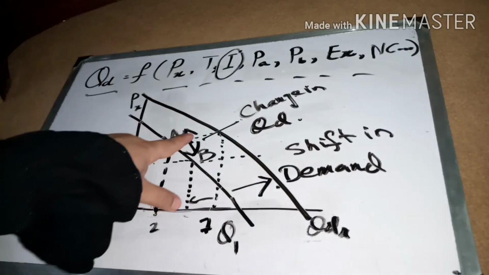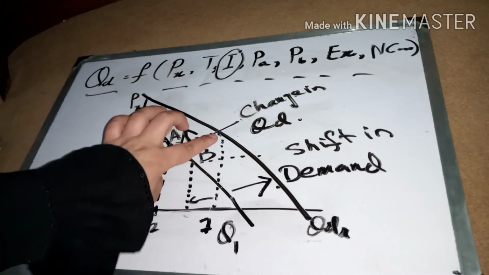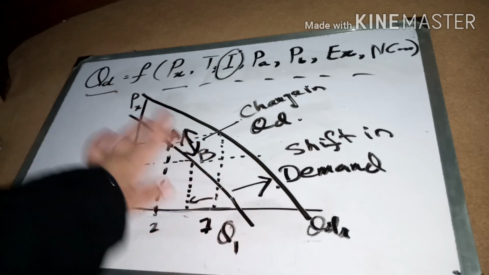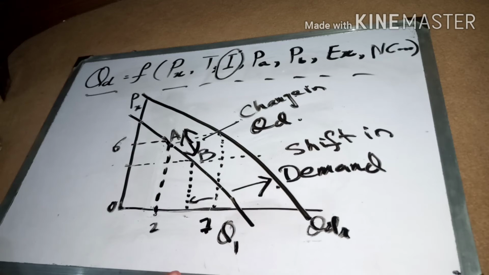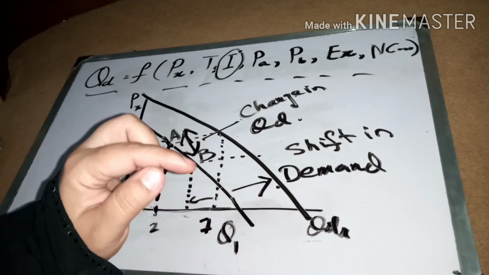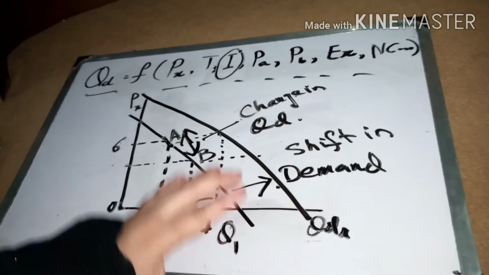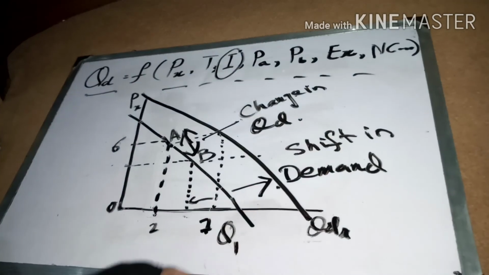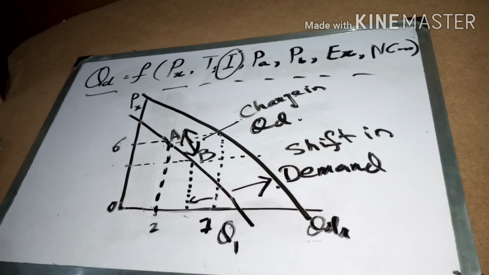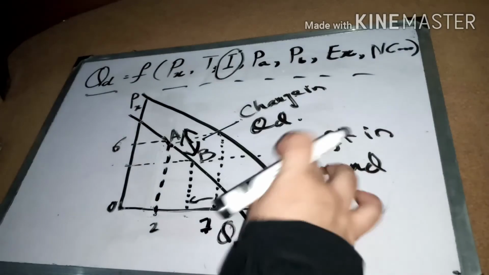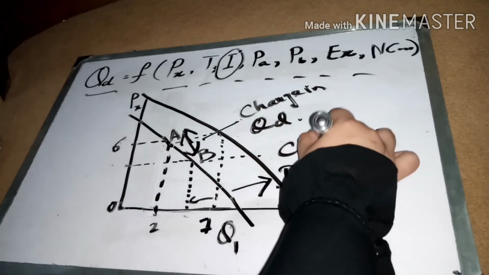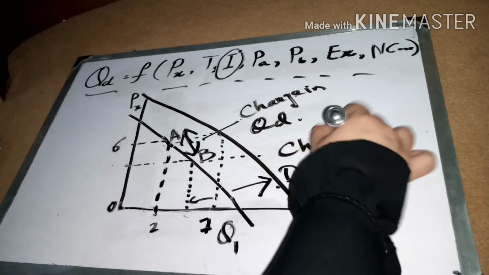So the change in quantity demanded is a relationship which is moving along the same demand curve. And the shift in demand always occurs when there is a change in any of the factors that we have held constant earlier. This is called the shift in demand, or we could say that this shift is the change in demand.